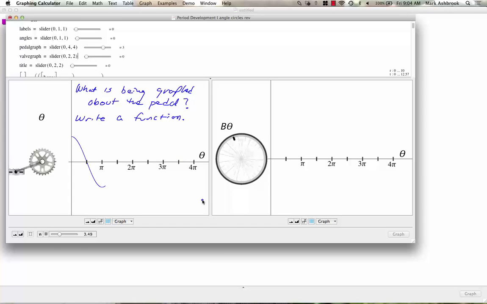And write the function. Joshua, you know what function this would be? Cosine theta. Okay, got it. So we could call it, say, F. It's showing the horizontal position of the pedal in fractions of a radius length. Well, actually, I didn't give you a scale.